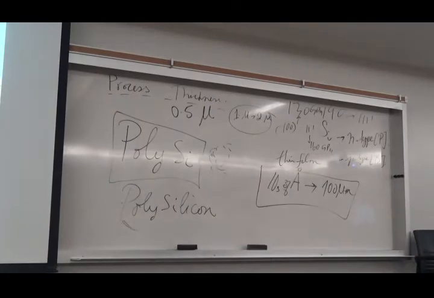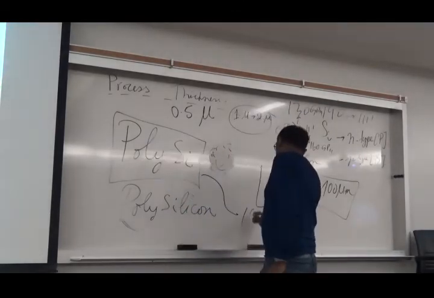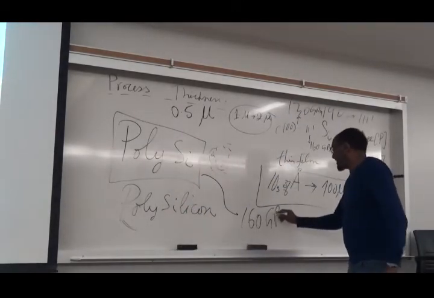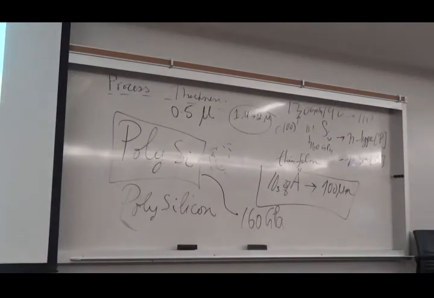I did show you some of the pictures last time. So that material actually deposits, and you could control the thickness or whatever. At the end, you're going to have a silicon material, except it's not crystalline. Now, the beauty with that is, and I want you to remember this number, you're going to get a material with Young's modulus of 160 gigapascal, which is the same as 110. Okay, that's impressive.